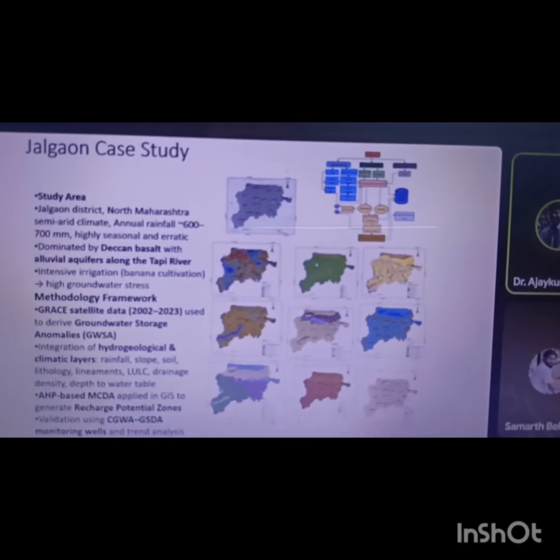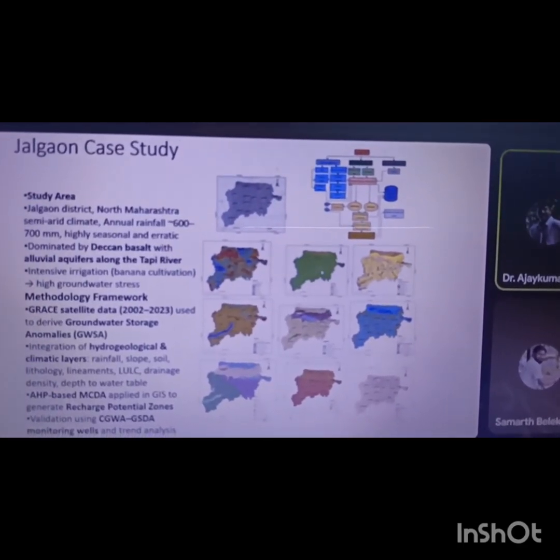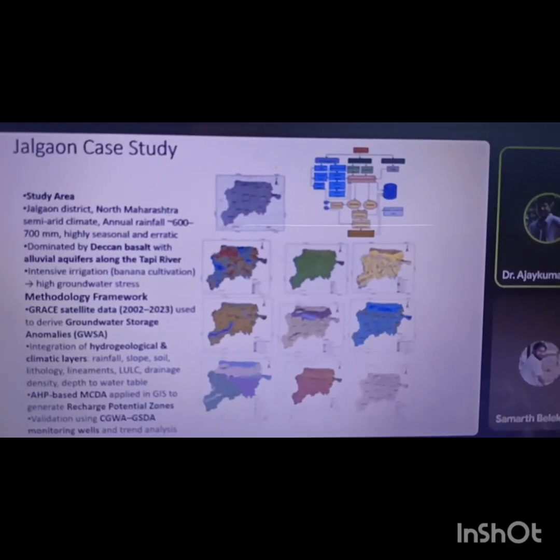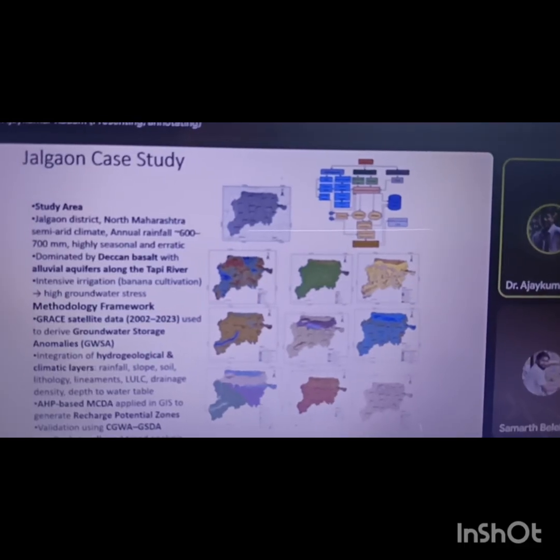Next is the soil type. The soil in that area is alluvium and some sandy soils are present, and all these soil types we can map. Then there will be land use. All these influential layers we used in the GIS background.